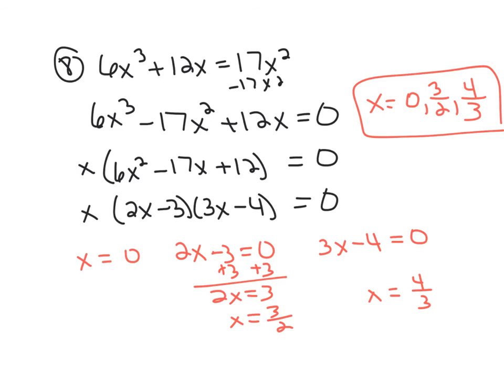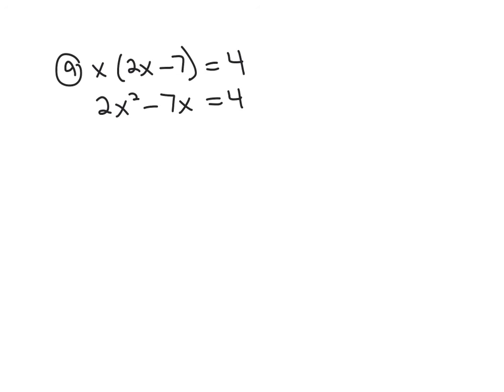All right, I believe this is my last one, and I tried to do as many scenarios as possible. x times the quantity 2x minus 7 equals 4. Okay, so now this one. First, you need to distribute. So you're going to have 2x squared minus 7x equals 4. Then you got to set it equal to 0.